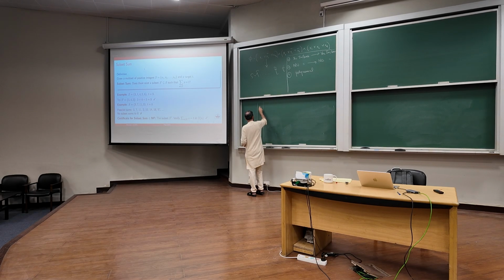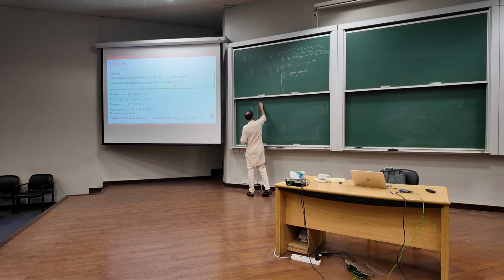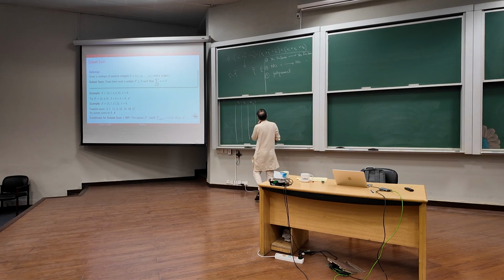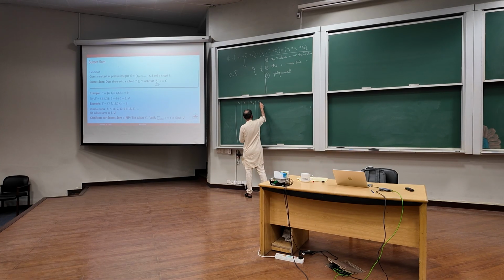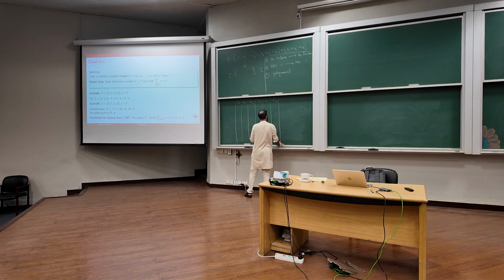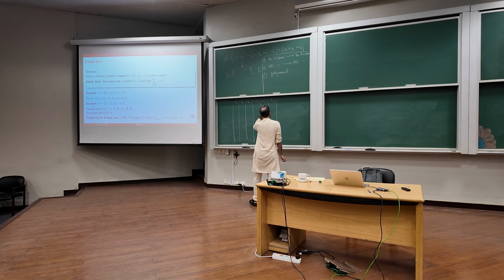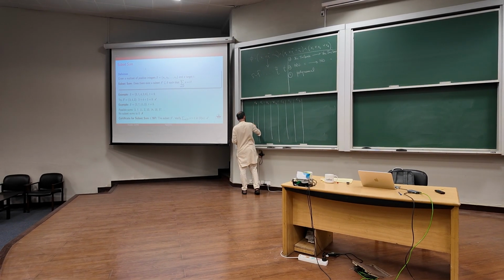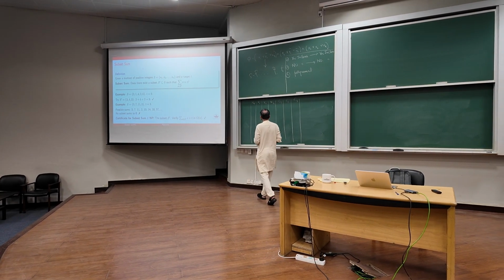I will have a digit corresponding to x1, x2, and x3, and a digit corresponding to clause C1, C2, and C3. But I had 4 variables, so I'm going to have x4 as well.